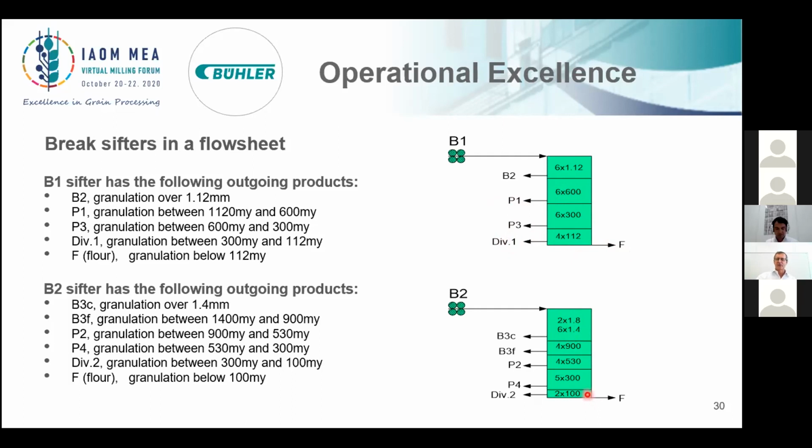I would ask you, if we were in a dialogue, why a miller has chosen this concept. It's strange, but you may find in your flow sheet some very specific sieves applied in your sifter. You may only know if you know the history, like why this came about.